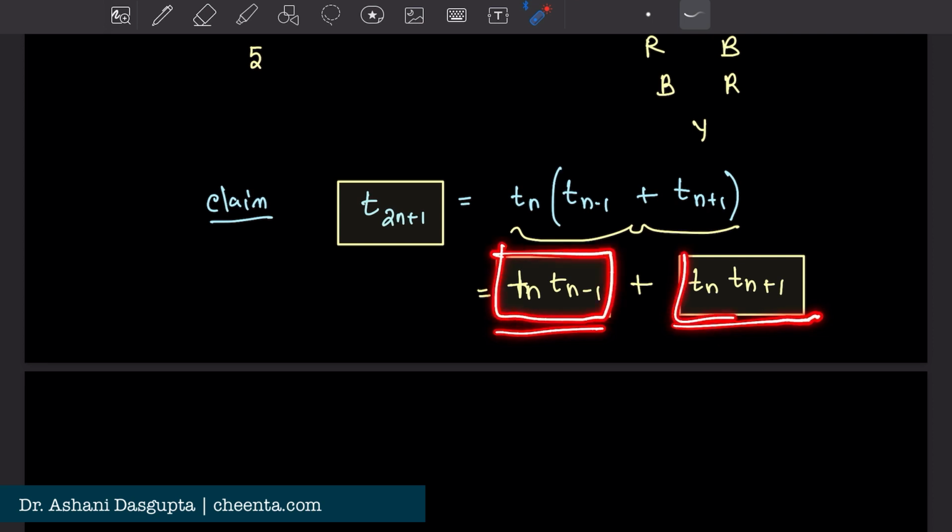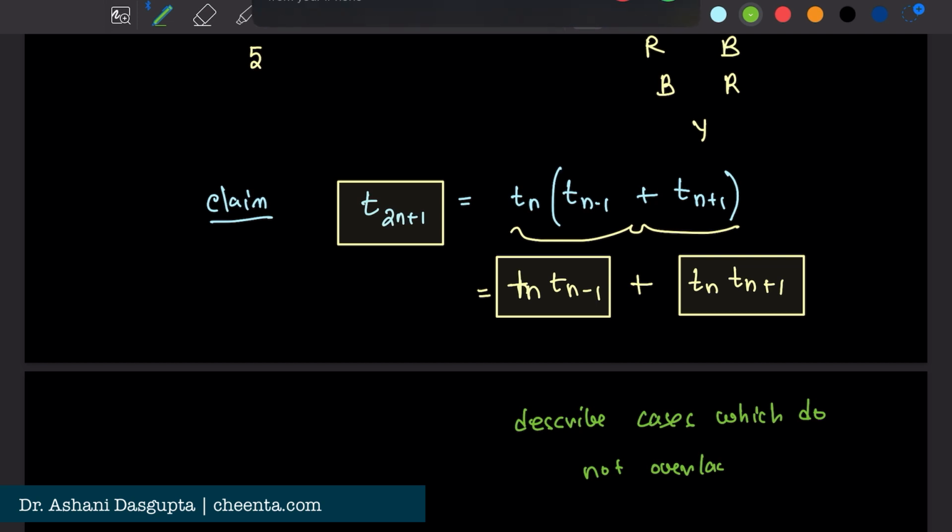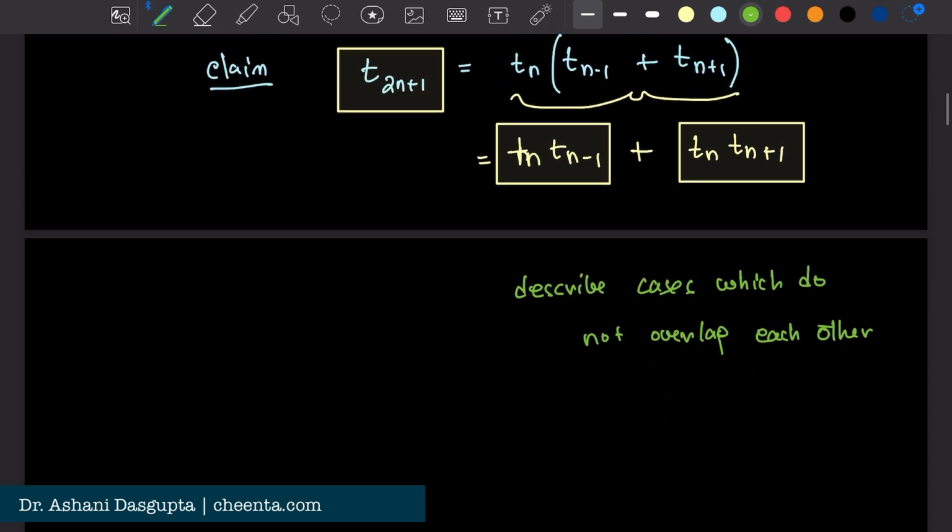So they together make up all the cases and they don't overlap each other. Okay. All right. So how do we go about this? This is a very nice combinatorial argument. Simple but nice.